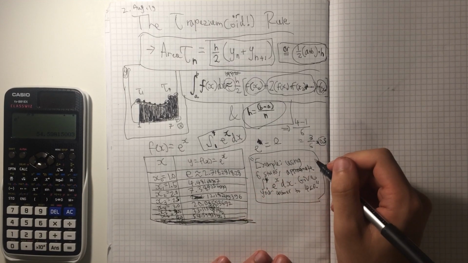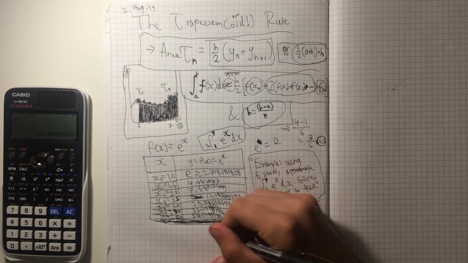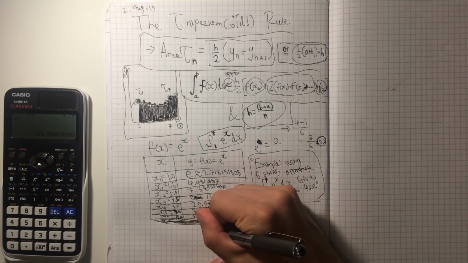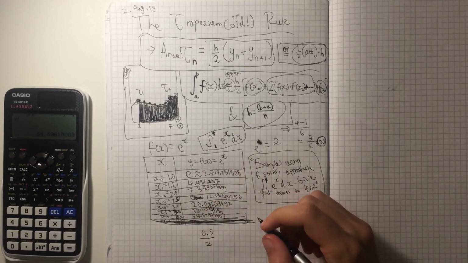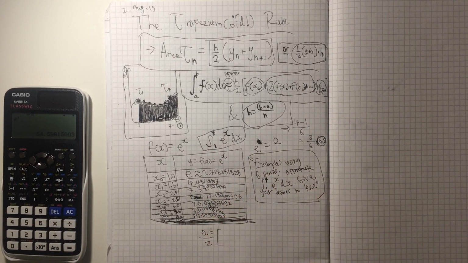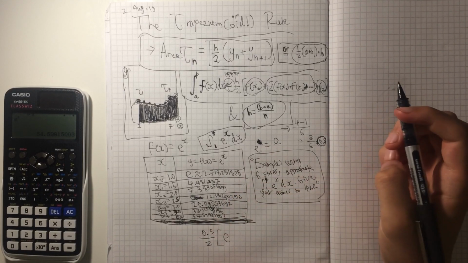What we do now is we do the height, which we've shown is actually just 0.5. So 0.5 divided by 2, all of that times our first value here. I'm just going to write e to make things short.